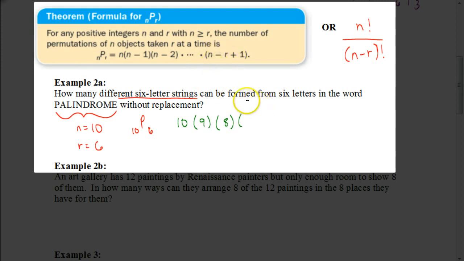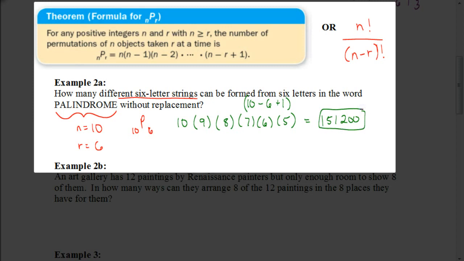In this case, r is 6, so we end once we get to 10 minus 6, which is 4, plus 1, which is 5. So we end when we get to 5. It would be 10 times 9 times 8 times 7 times 6 times 5, and if you multiply those together, that would give you your answer of 151,200.